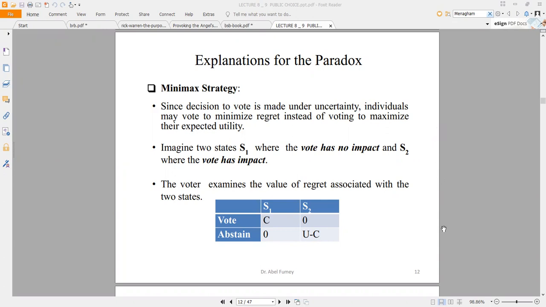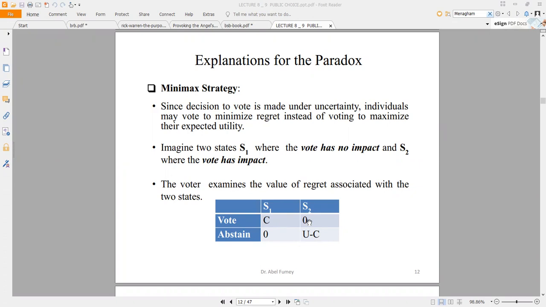So people actually vote. If you look at the second state where your vote will actually make an impact, then it's better you don't abstain. If you don't vote, you have a regret of this amount, U minus C. But if you vote, there's no regret at all.